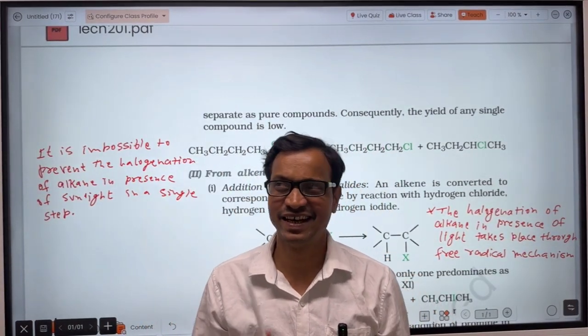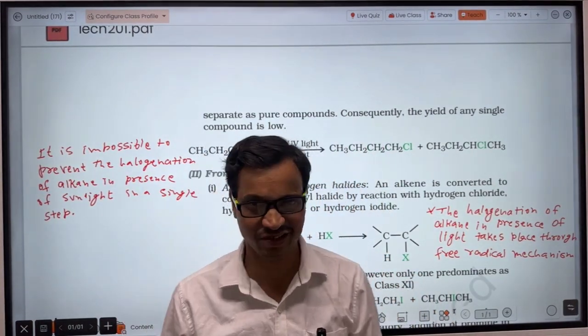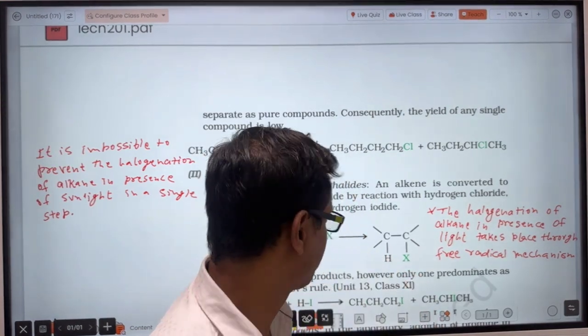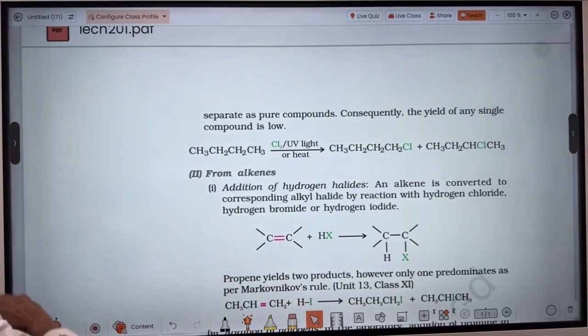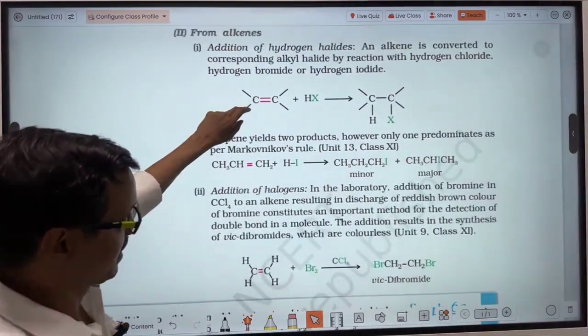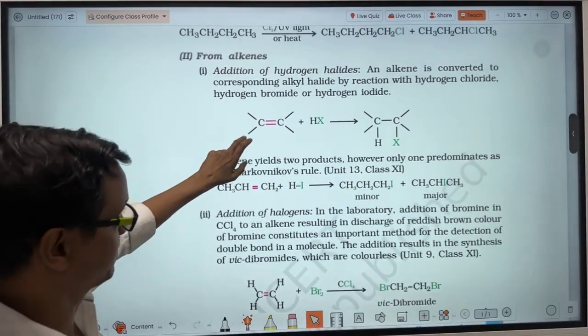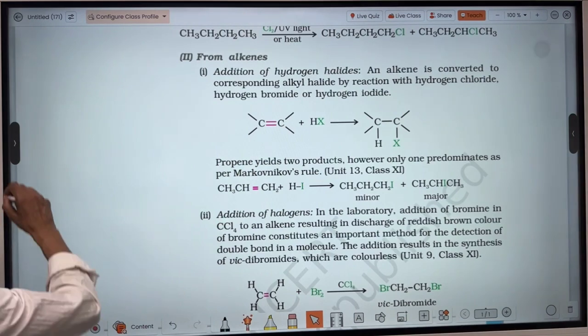And in JEE Main and JEE Advanced and in the NEET examination, how the question was asked, about that we will discuss in the videos which will be exclusive for the IIT and NEET examination. Now let's see about this reaction.